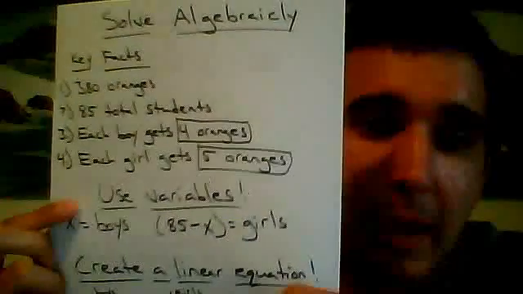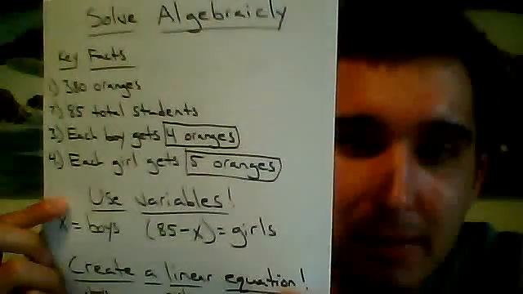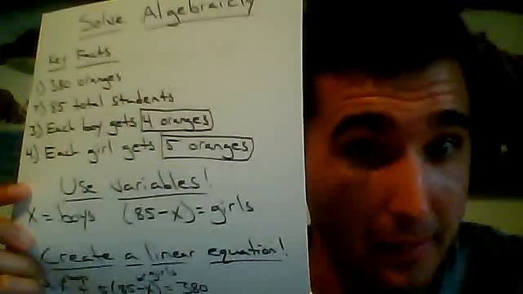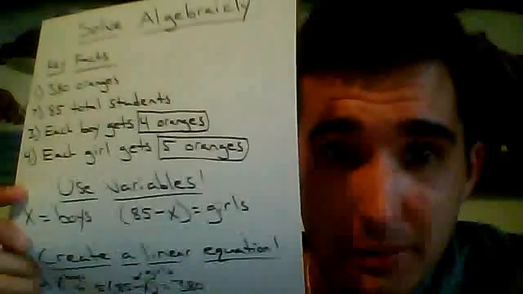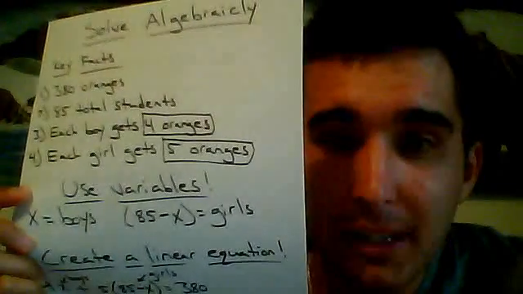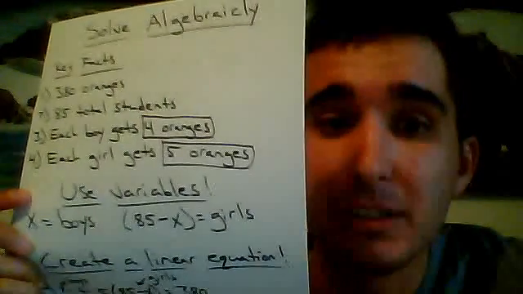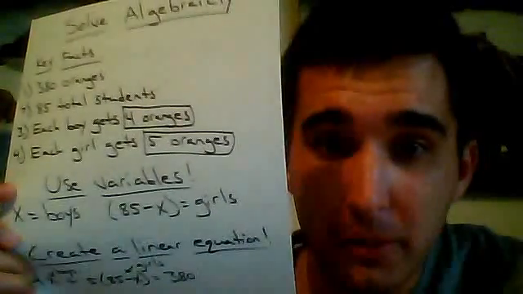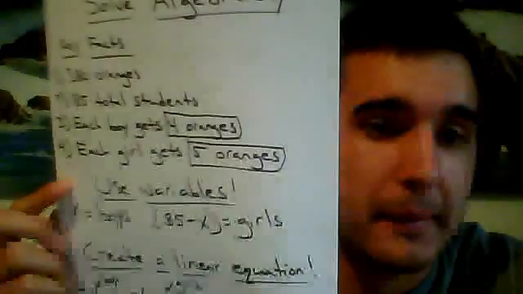Thank you. And now to solve this algebraically means that we have to use variables. Variables are a little bit scary, okay? But they're just letters that represent numbers. And we need to solve for those letters in order to find the numbers that are hidden behind them, per se.